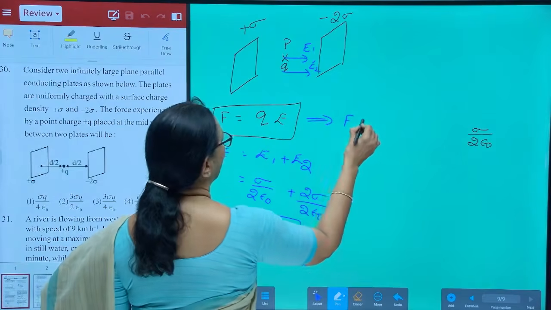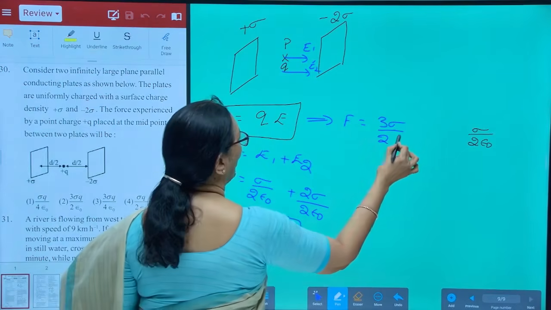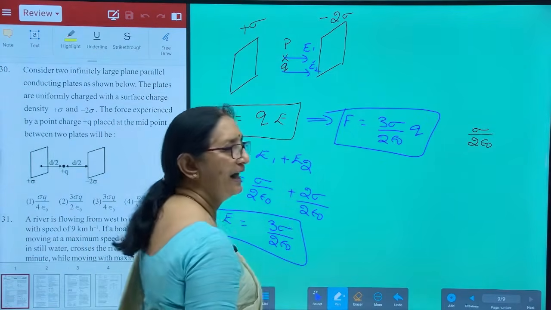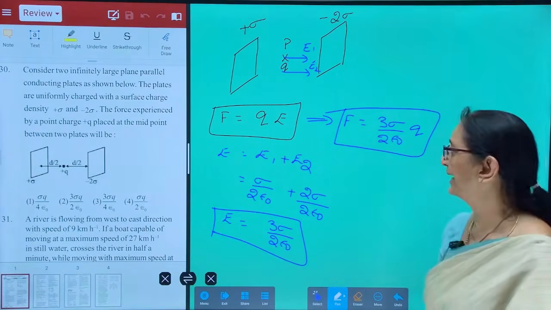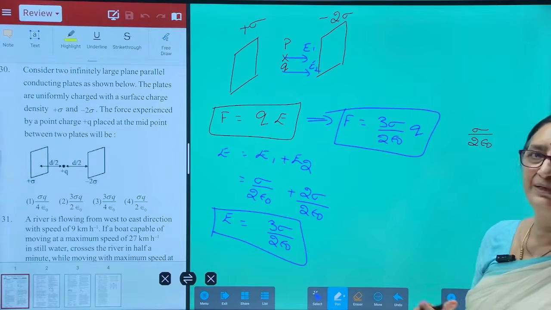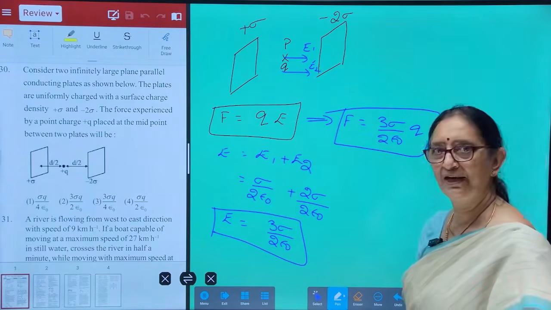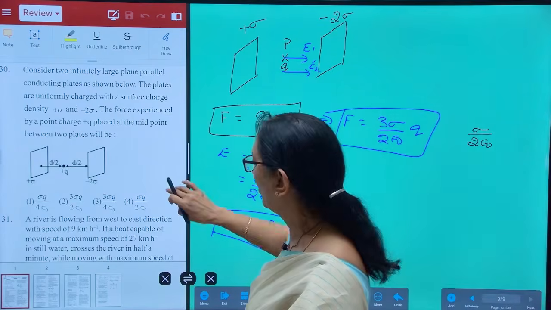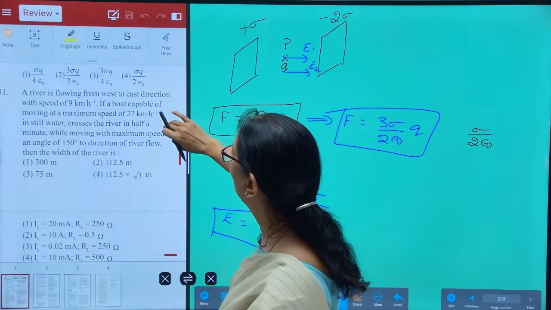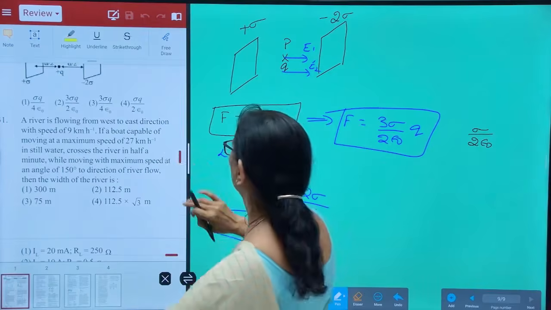So the force on that charge becomes QE, which is 3 sigma by 2 epsilon naught into Q. This is the answer for the force experienced by a charge placed at the point P in between two dissimilarly charged sheets. Now, let us move on to the next problem. Riverboat problem. Look into this 31st question.